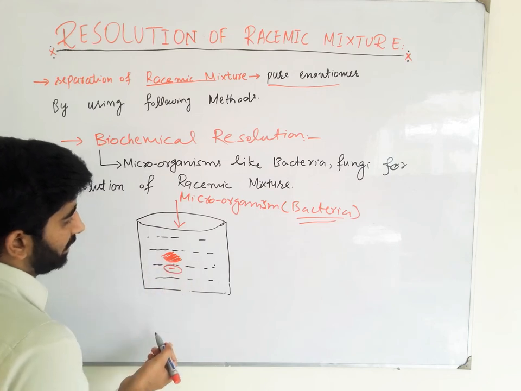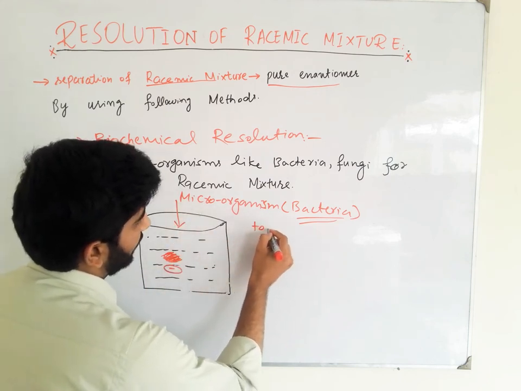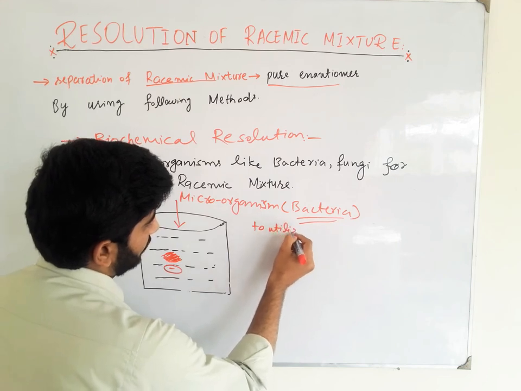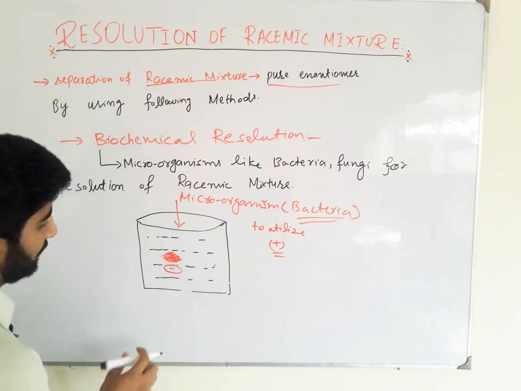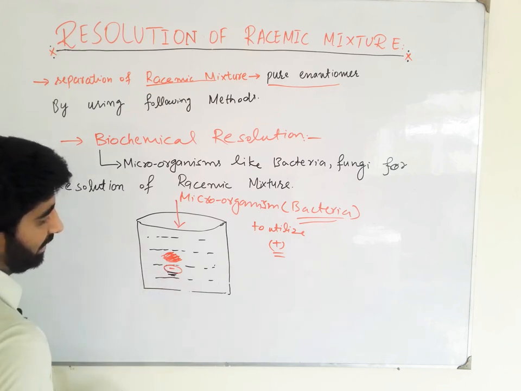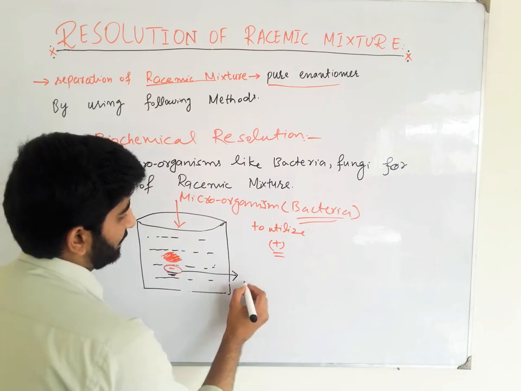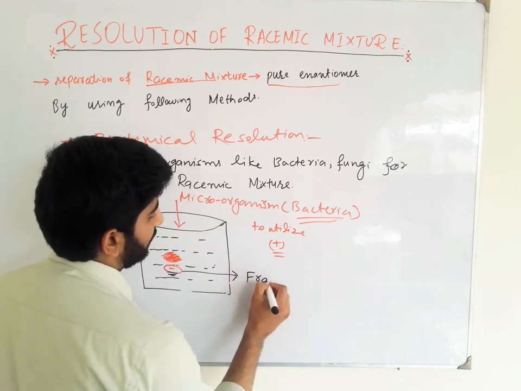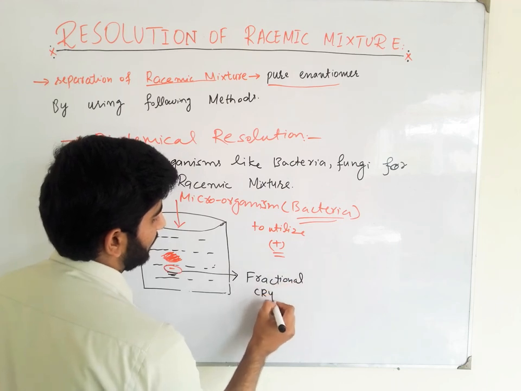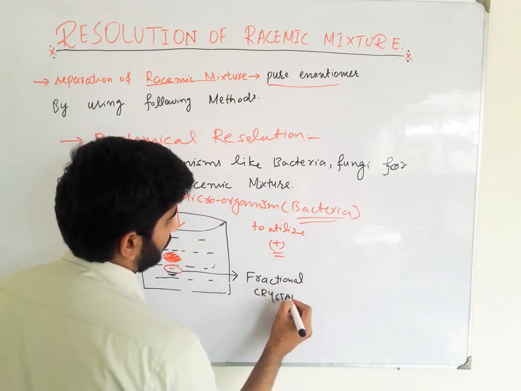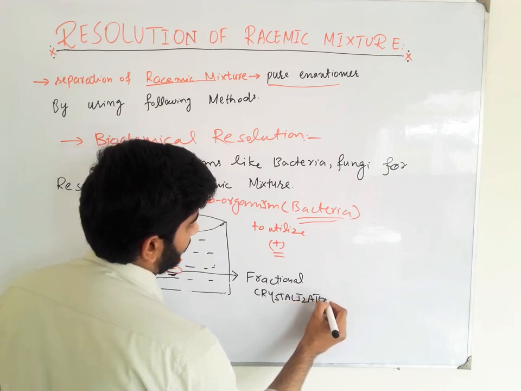Suppose in this racemic mixture we allow the microorganism to utilize the positive isomer for its growth, then our negative isomer remains in the solution, and this isomer is separated by using the fractional crystallization technique.